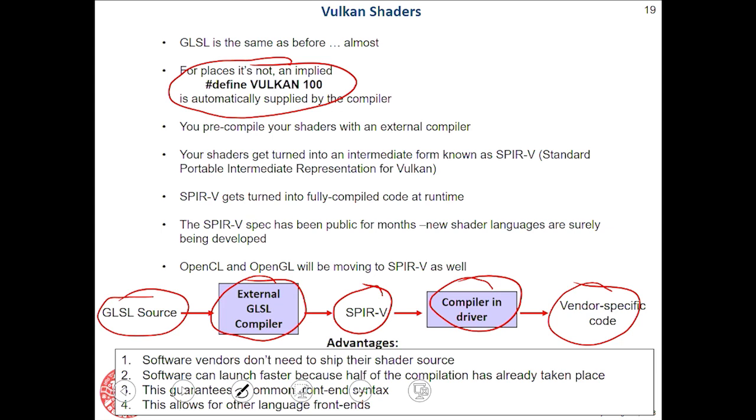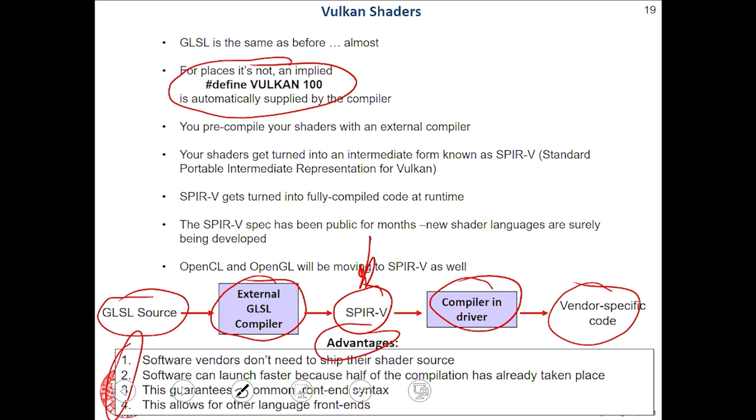Now, why do that? Here are the real advantages. First of all, if you think of your shader code as being cool and proprietary, you don't have to release the source code. You release this SPIR-V format, and it's very hard to turn that back into shader source code. Your programs launch faster because half the compile's already done. This guarantees a common front end.